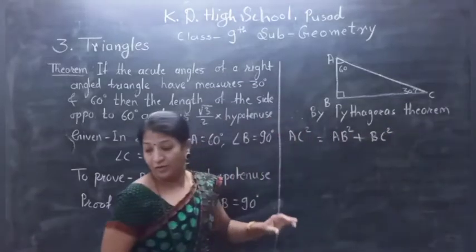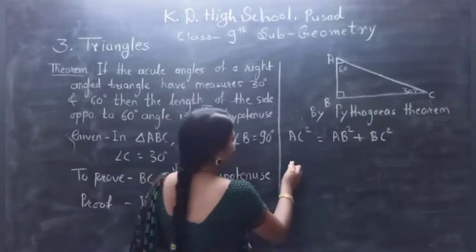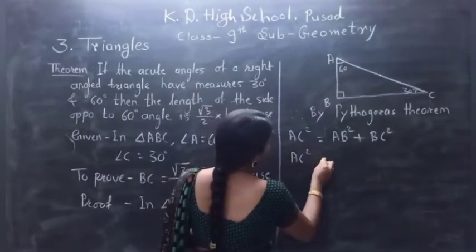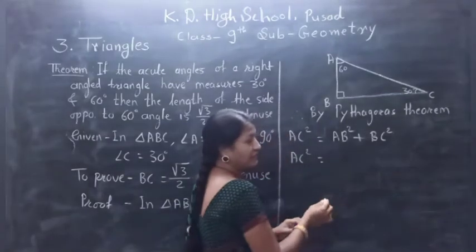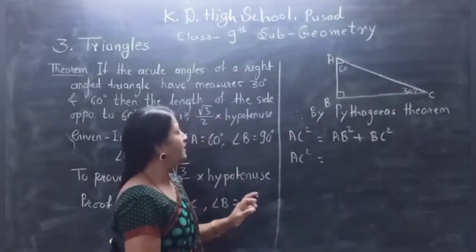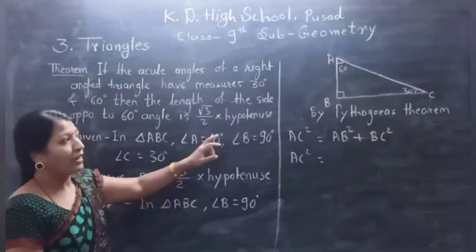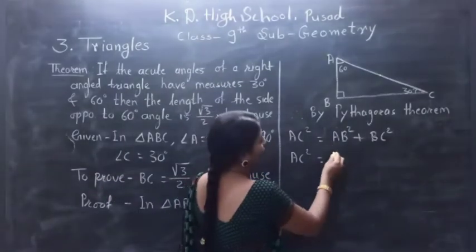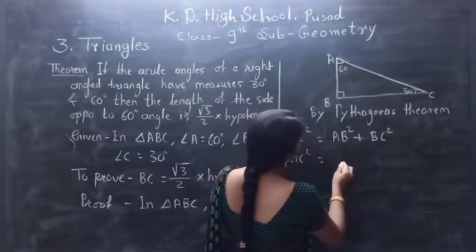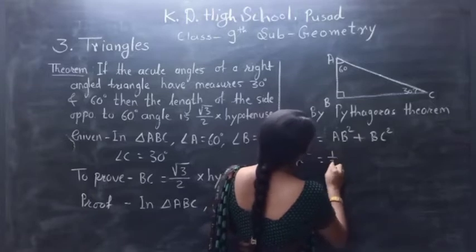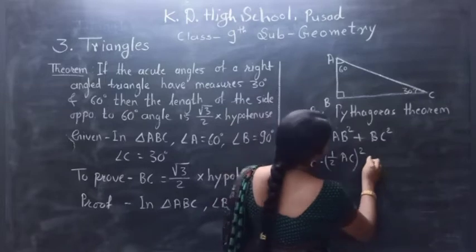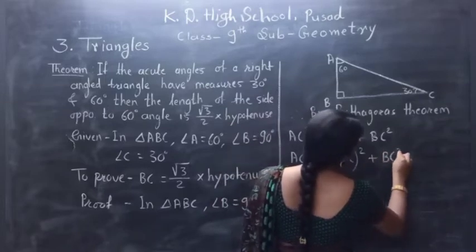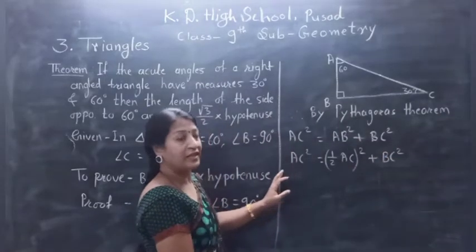Now here, instead of AB we write what we proved in the last period: the side opposite to angle 30 is half of the hypotenuse. So instead of AB we write half of AC, in brackets squared, plus BC square as it is. Now simplify this.